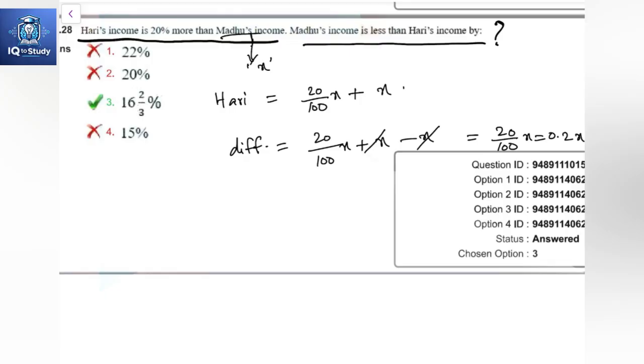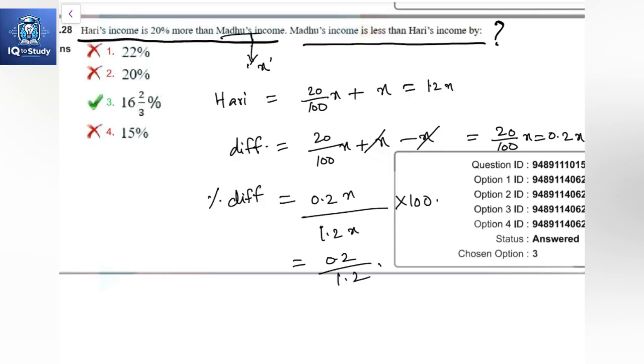So the percentage difference becomes 0.2x divided by 1.2x into 100, that is equal to 0.2 by 1.2 into 100, which is equal to 20 by 1.2.